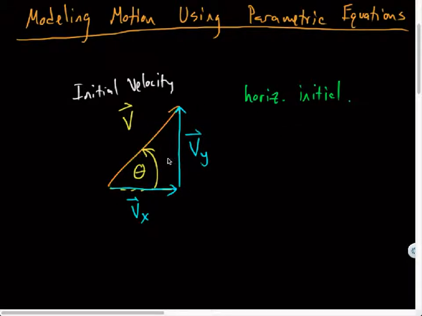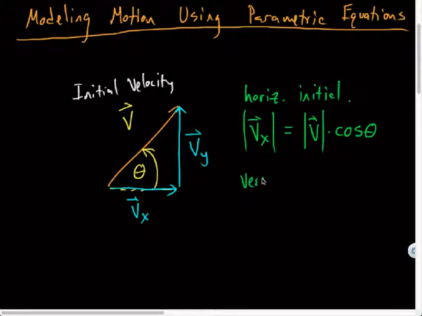Here's adjacent and hypotenuse. So cosine of theta would be Vx over V. So I could solve for Vx, or specifically the magnitude of Vx, and that would just be the product of the magnitude of my initial velocity vector multiplied by the cosine of theta. And we've seen that before.